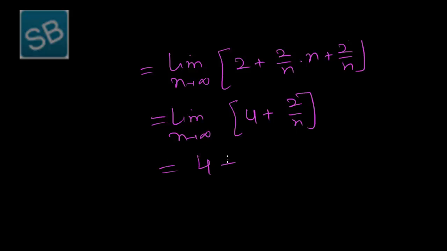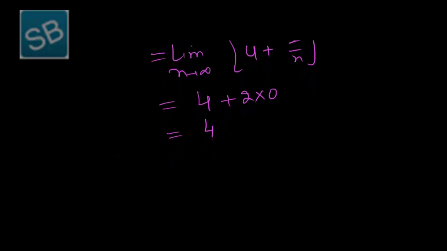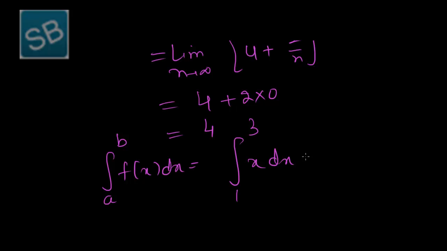So we get 4 plus 2 into 0, that is, we get 4. So the value of the integral from 1 to 3 of x dx is equal to 4 by limit as a sum.